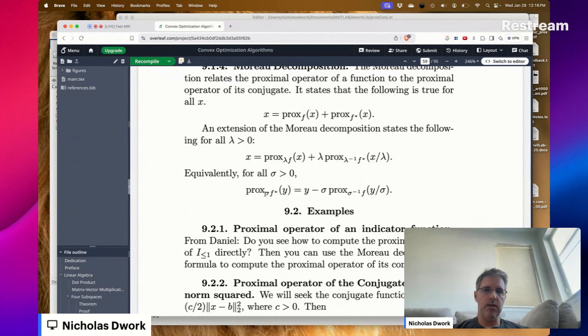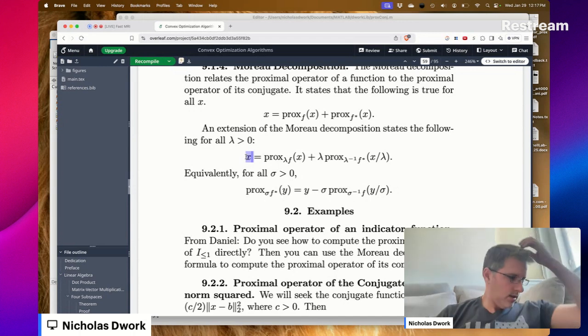So then this becomes, this would be sigma inverse sigma f star y. And then x would become sigma y. Is that the issue?